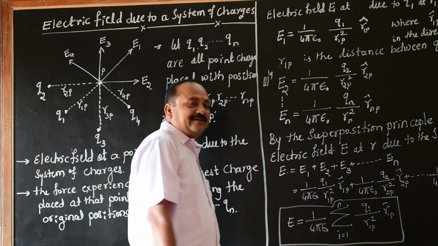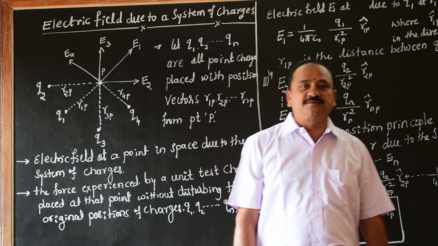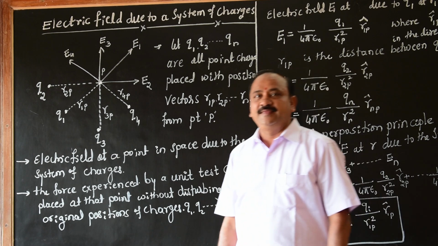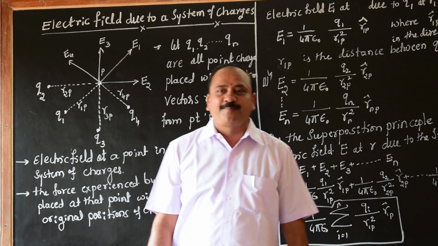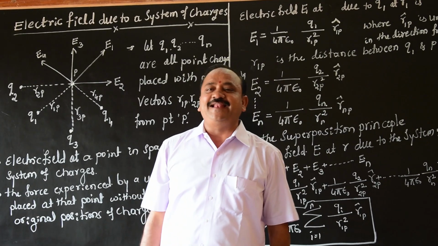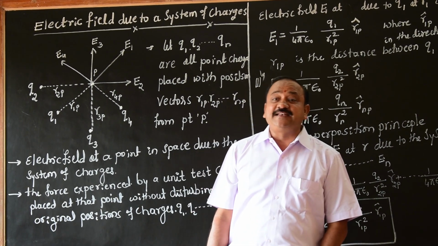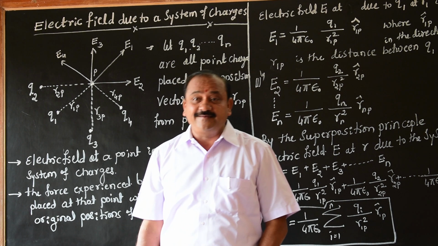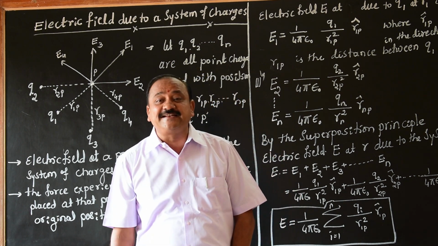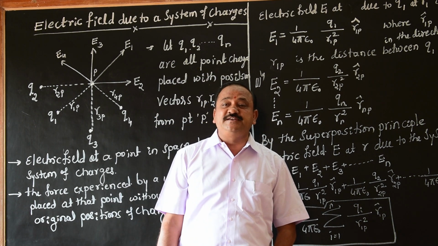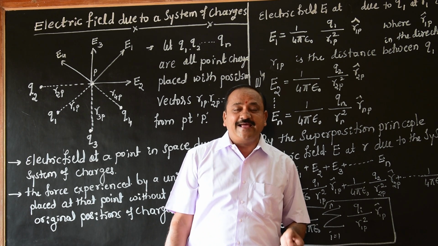In the last class we discussed the electric field concept, what is meant by the electric field, and that the electric field is a vector quantity because it has magnitude as well as direction.